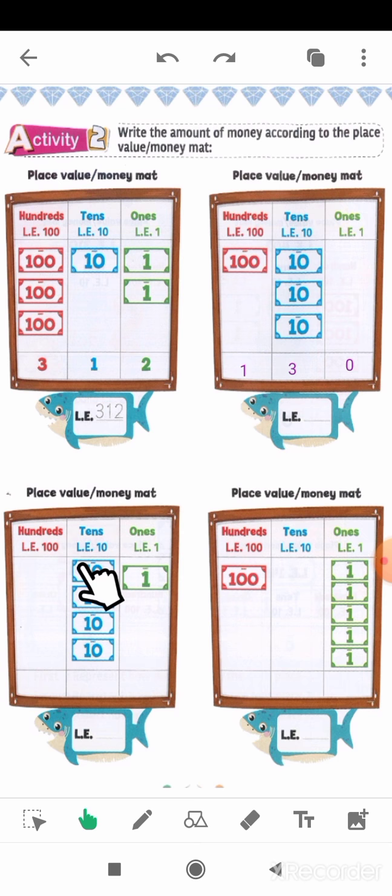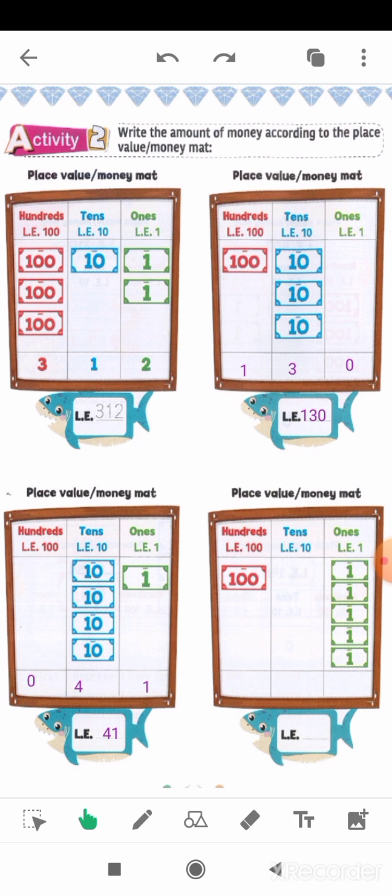Second, we have no hundreds pounds, and we have 1 2 3 4 tens here, and we have 1 pound, so we have here 41, 4 tens and 1 ones.